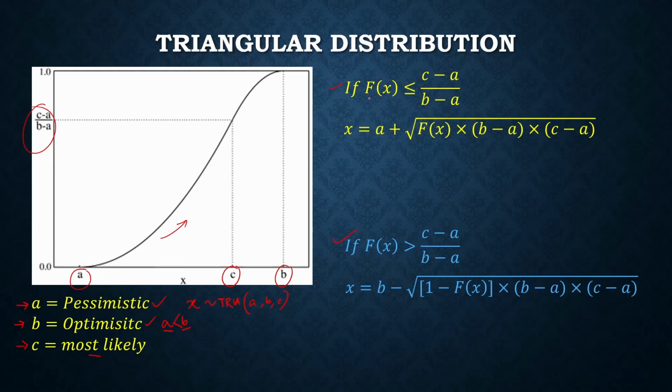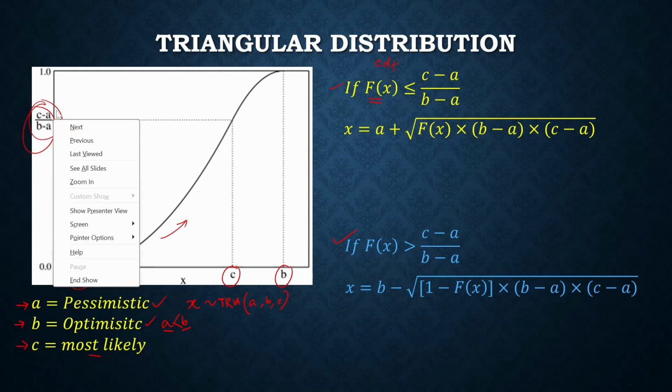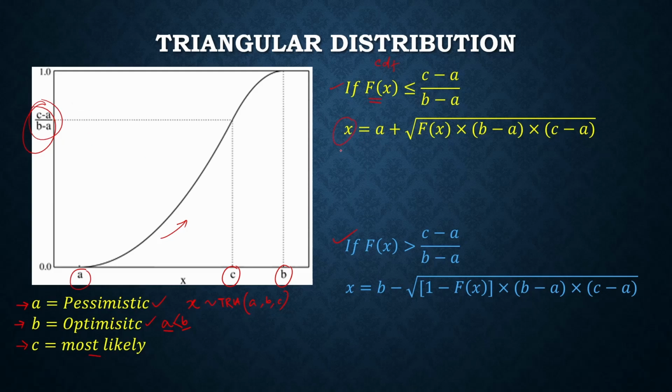So if Fx, that is the CDF, is less than or equal to C minus A divided by B minus A, that means if Fx is not greater than this value, then the random variate can be calculated using this particular expression, where Fx is always your random number, that is rand parenthesis.